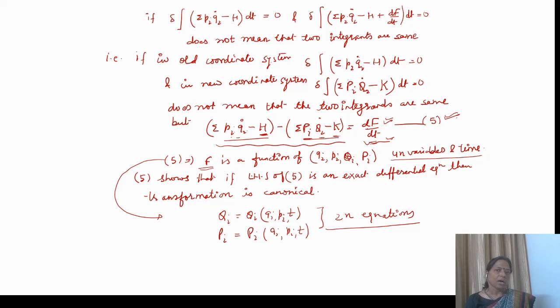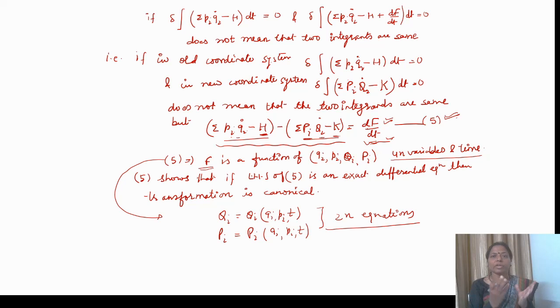Rather you can say that this f is a function of 2n variables, and in those 2n variables there may be some new variables, some old variables. You may make the combination of old generalized coordinate, new momenta; old generalized coordinate, old momenta; new generalized coordinate, new momenta.